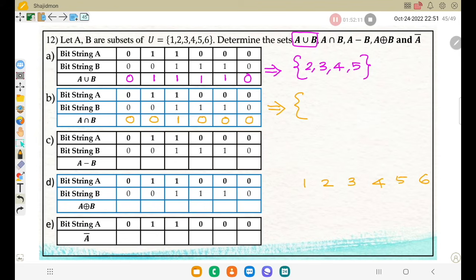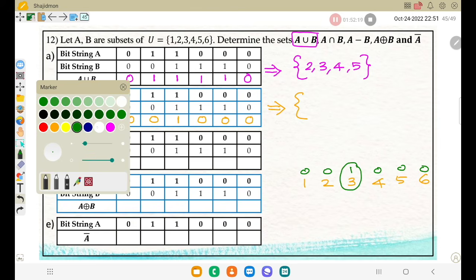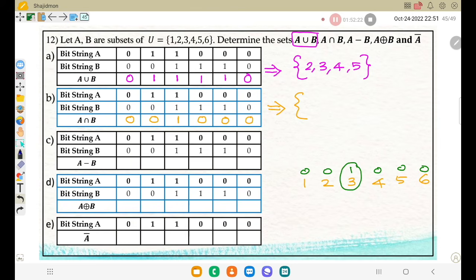The bit string here is 0, 0, 1, 0, 0, 0. Only this number is present. What is that number? 3. Correct? So the answer is the set {3}, which is the intersection.